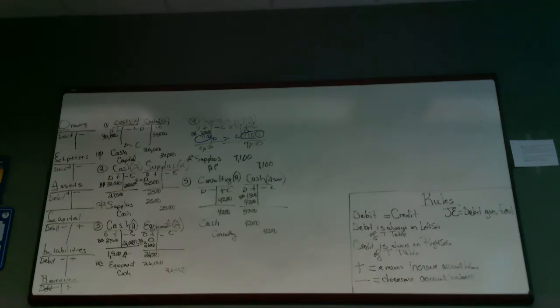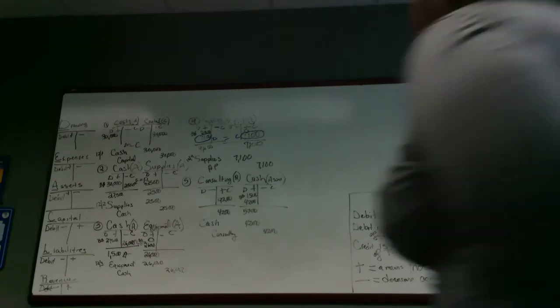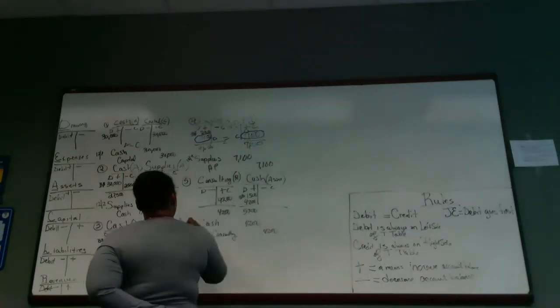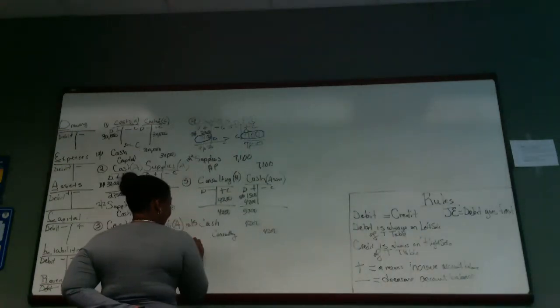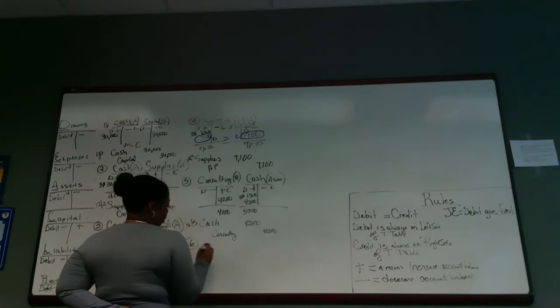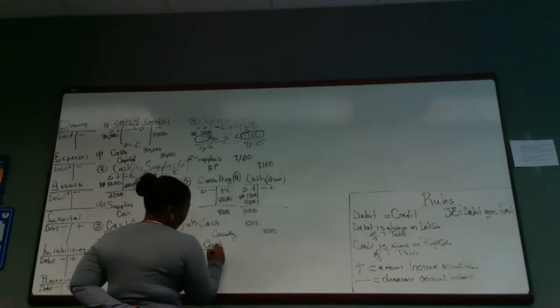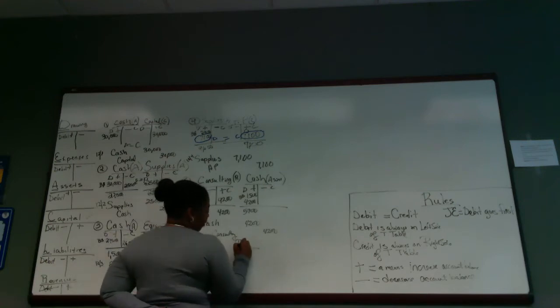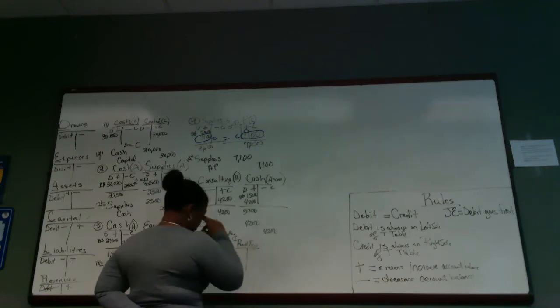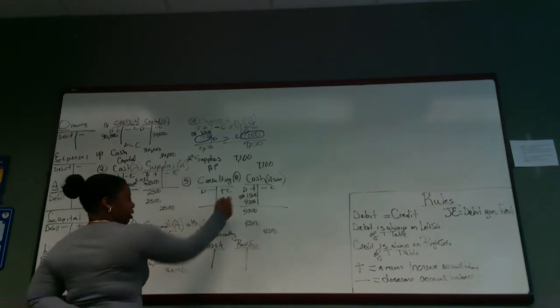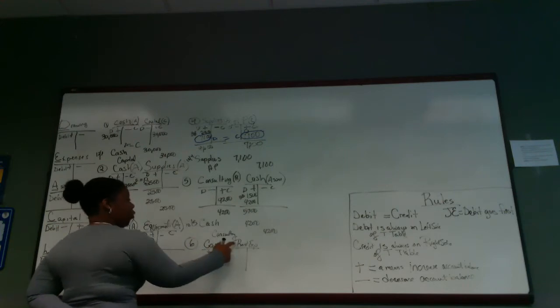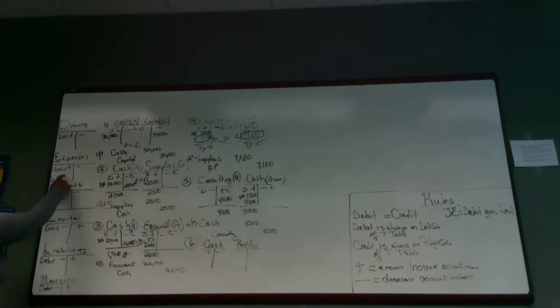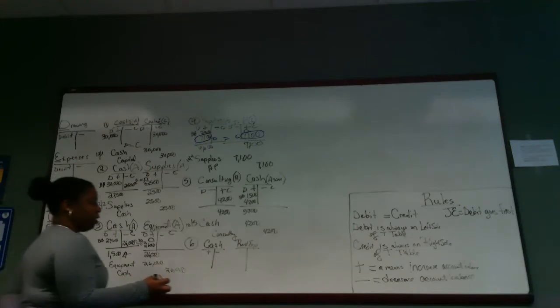So we're going to do 6. We have cash, right? And our second T table is going to be rent expense. All right. Cash is an asset, so it's plus minus. Rent expense is an expense, so it's plus minus as well.